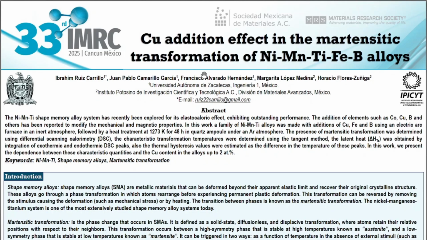In this presentation, I'll go over what shape memory alloys are, also what martensitic transformation means, and then I'll show you how replacing some nickel with copper in a nickel manganese titanium alloy modified with iron and boron affects the transformation temperature, the transformation enthalpy or latent heat, and the thermal hysteresis.